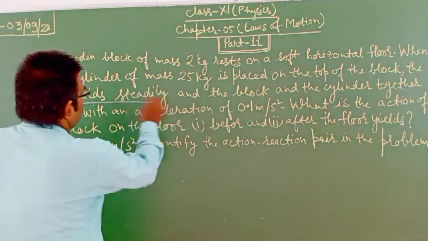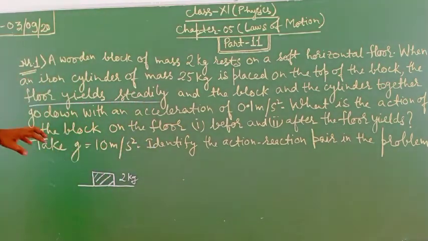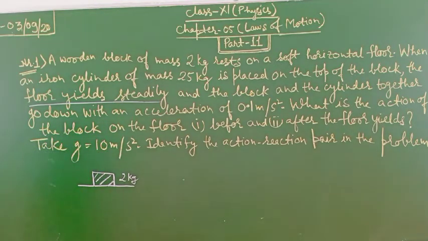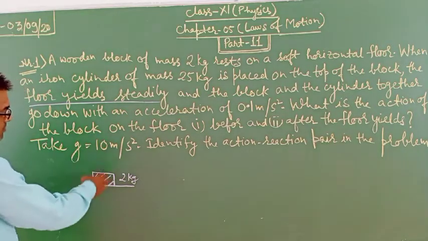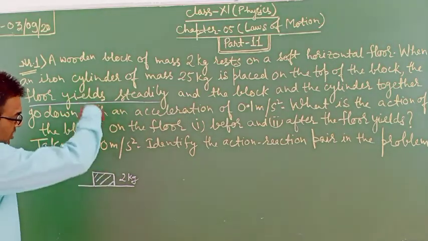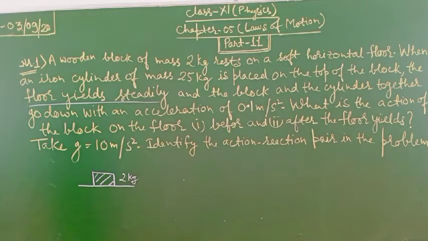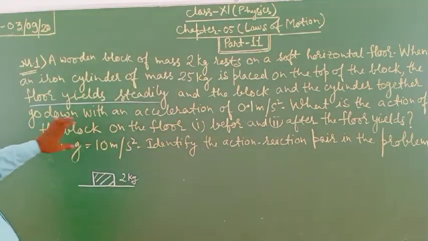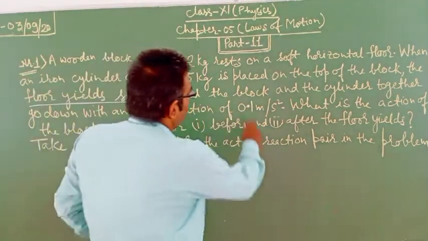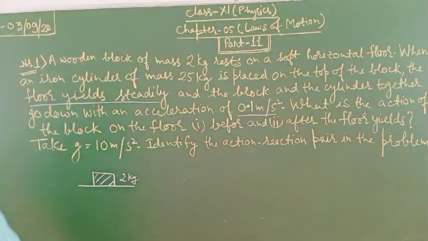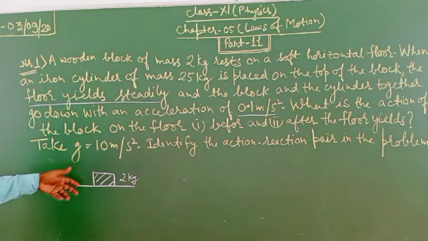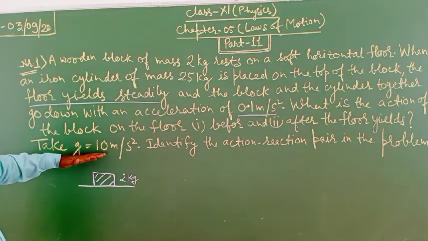It means that after putting a mass of 25 kg over this 2 kg block, the whole system, that is 25 kg plus 2 kg, starts moving downward. The block and the cylinder together go down with an acceleration of 0.1 meter per second square.